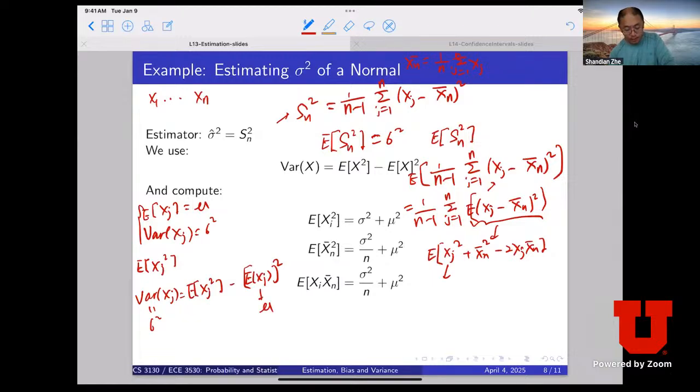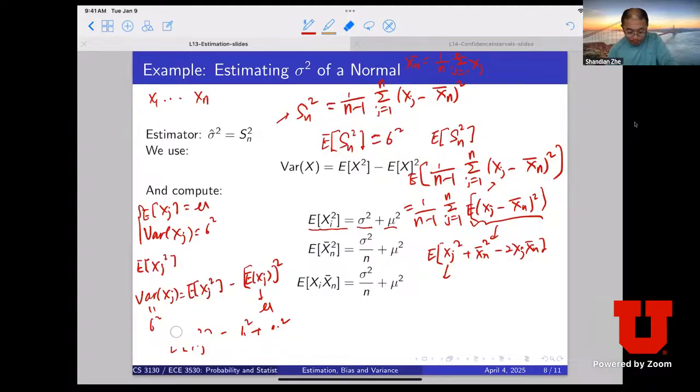Then it gives us directly that the expectation of the square is sigma square plus mu square. Does it make sense? Question? Okay, so we get our first result: the expectation of xj square is sigma square plus mu square.